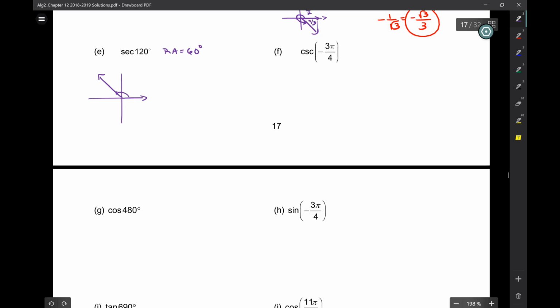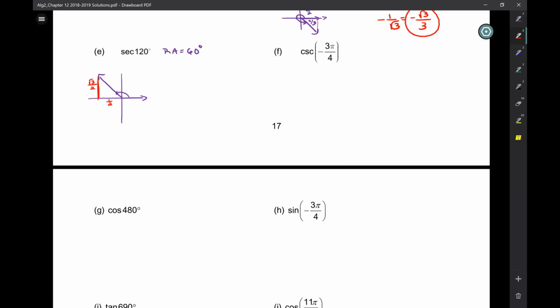Secant, right? I need the secant. If the reference angle is 60, which side is that? How much is that? That vertical side, which is root 3 over 2. So this is 1/2.